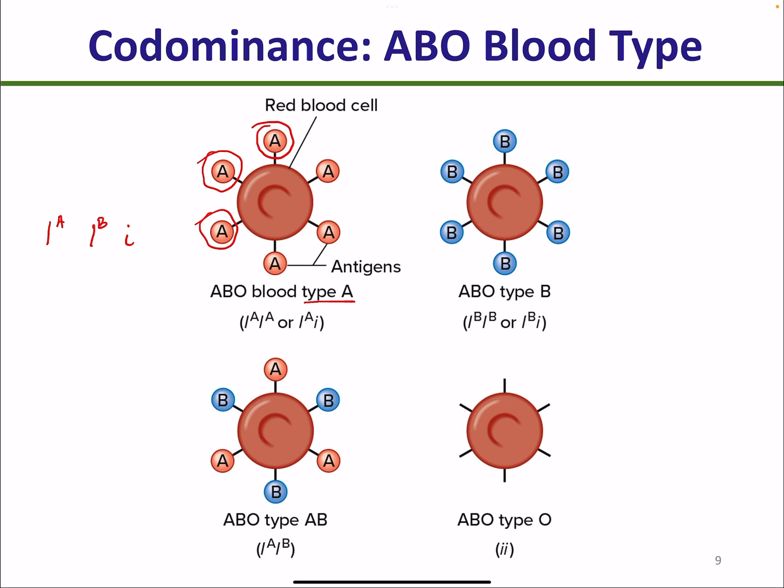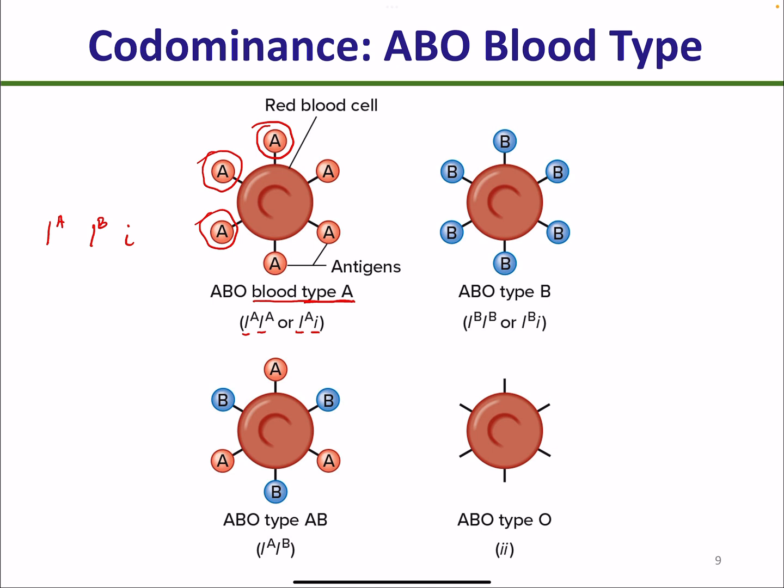This individual with blood type A has two possible genotypes. One genotype is capital IA and capital IA. The other possibility is capital IA and lowercase i. These are the two possibilities for individuals who are blood type A.